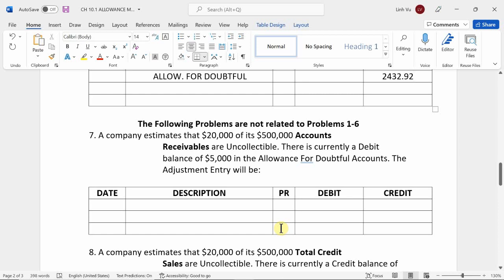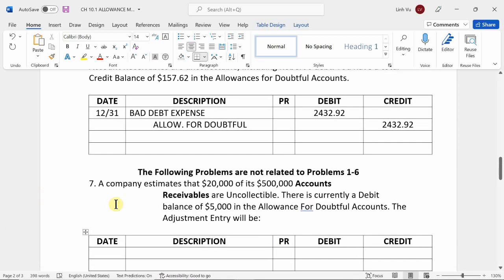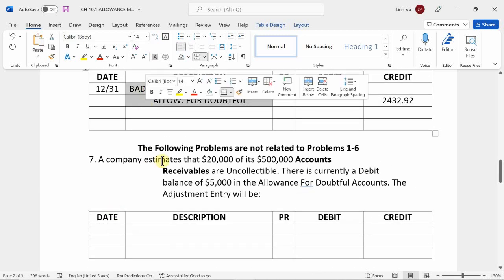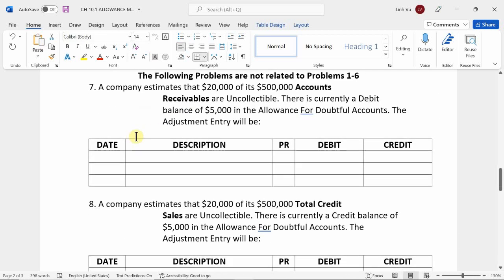Number 7: if a company estimates that 20,000 of a 500,000 accounts receivable is to be uncollectible, and there's currently a debit balance of $5,000 in the allowance for doubtful accounts, the adjustment entry will be bad debt and allowance for doubtful.